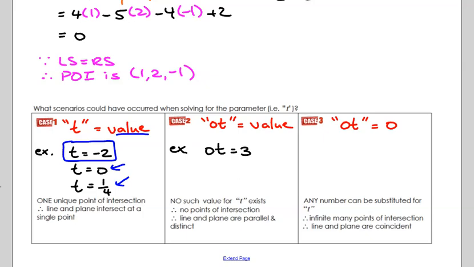Whereas in case 2, if you ever get 0t equals a number like something like this, that doesn't make sense because 0t is 0 and 0 can't equal 3. And so if this is a case where it doesn't really make sense, then that is the case of having a line that is parallel and distinct from your plane.